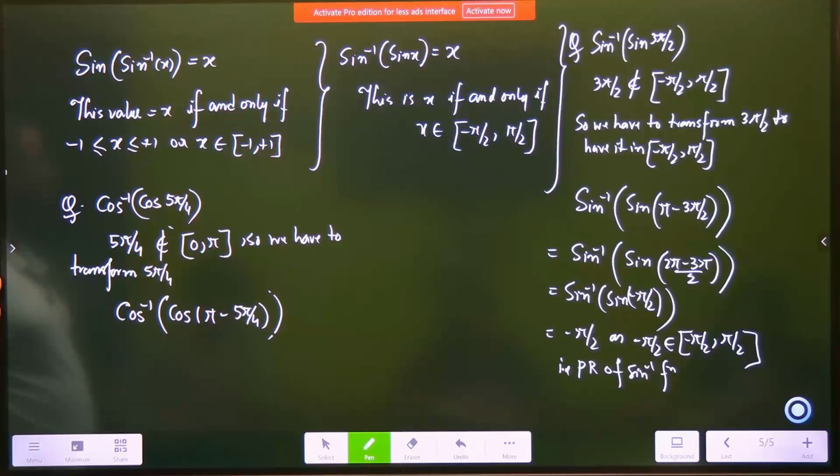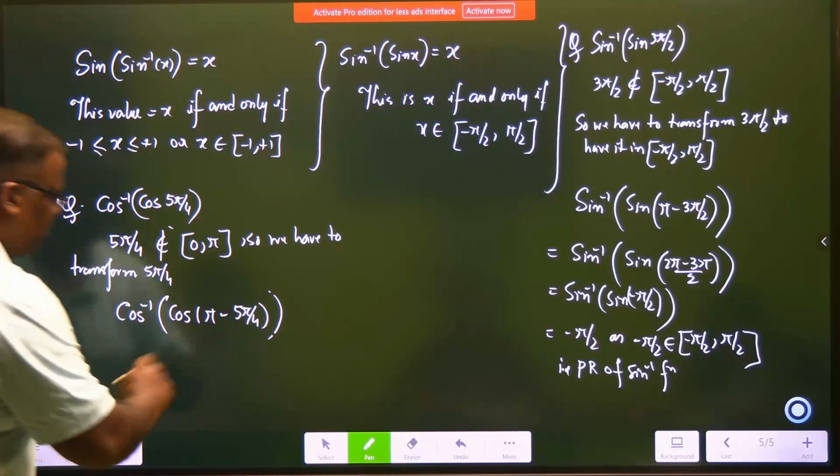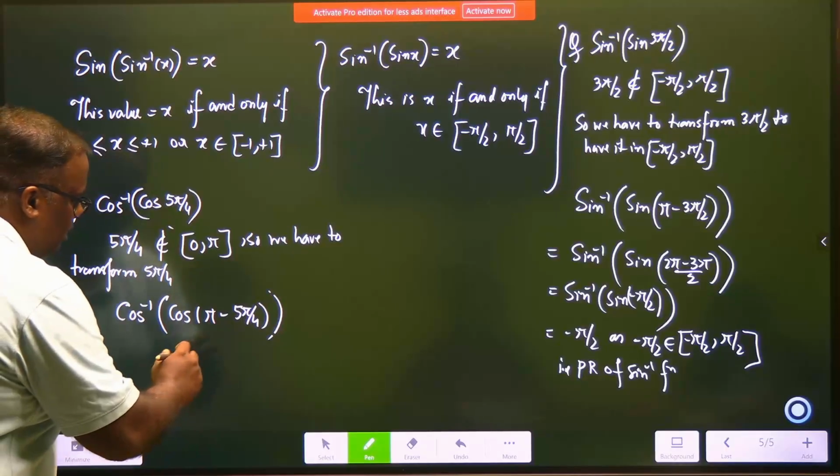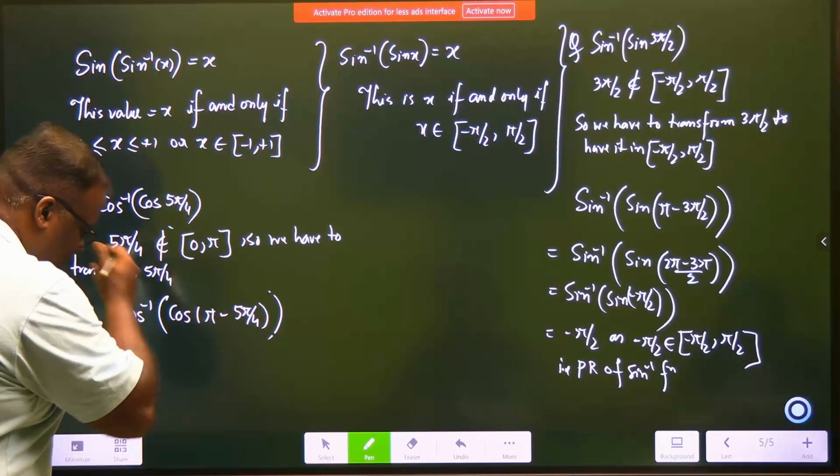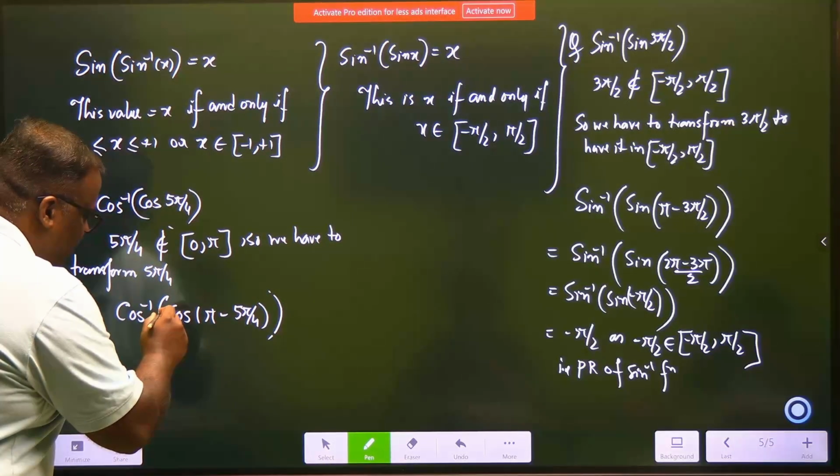Cos of pi minus theta. Just see, what is cos of pi minus theta? It is minus cos theta. So can I put a negative out here?